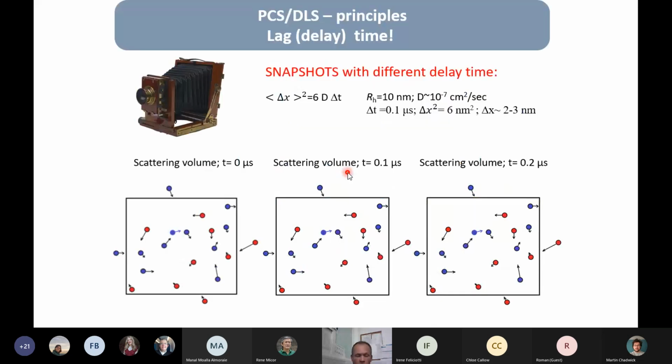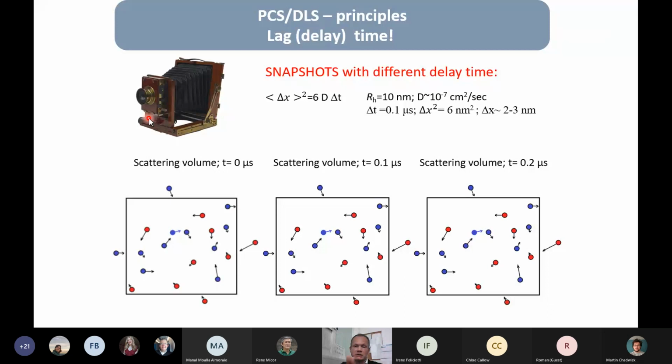And what I would like to do, with your help, because I need your imagination, is check this scattering volume, and we will be taking a picture using this old-fashioned camera, just to see how the number of these proteins is changing with the different periods of time between these snapshots.